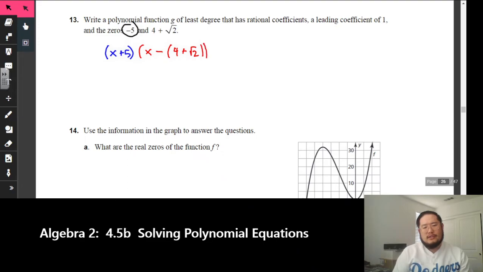And what the irrational roots theorem, or irrational conjugates theorem, is stating is for this. What I'm going to do now is come up with the third one. I'm going to put x minus, but this time I'm going to take the binomial and put 4 minus rad 2 in there as such.